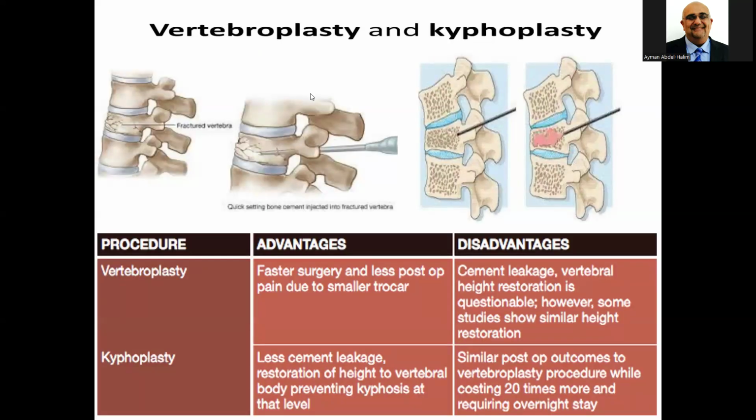There are two procedures that look very similar to each other, vertebroplasty and kyphoplasty. With kyphoplasty, you stick a needle, and then you stick a catheter that has a balloon that will inflate, and then it will give you a certain vacuum that you will inject the cement in.